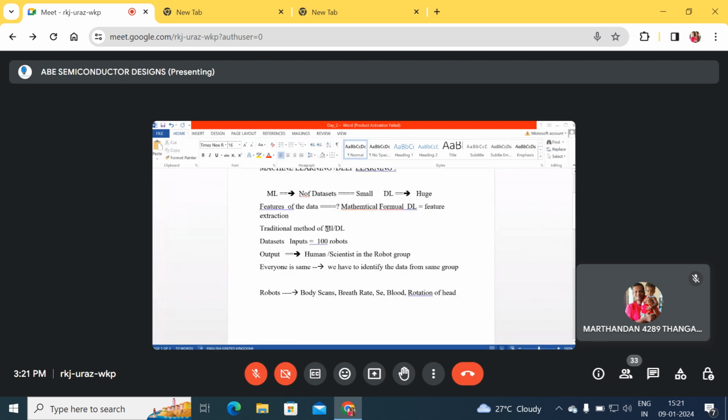Now, can anyone tell me, for identifying this kind of robotic application, my question clear? I told you what makes the difference between ML and DL. So can anyone tell me, for this scene, whether it's ML or DL?